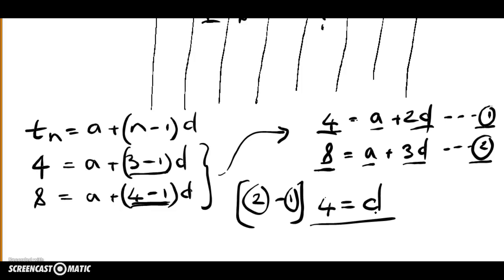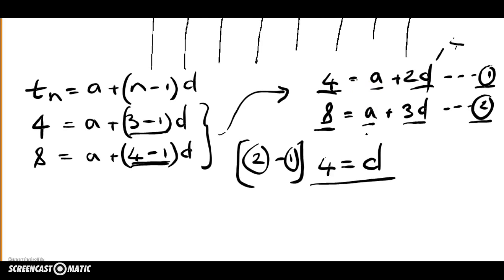That's helpful, because when I put d equal to 4 in any of these equations, like maybe put d equal to 4 into here, I can work out what a is. I'll do that for you. D is equal to 4.